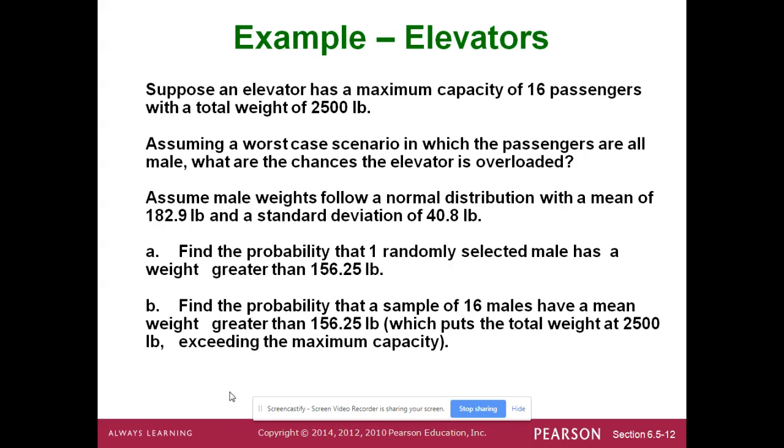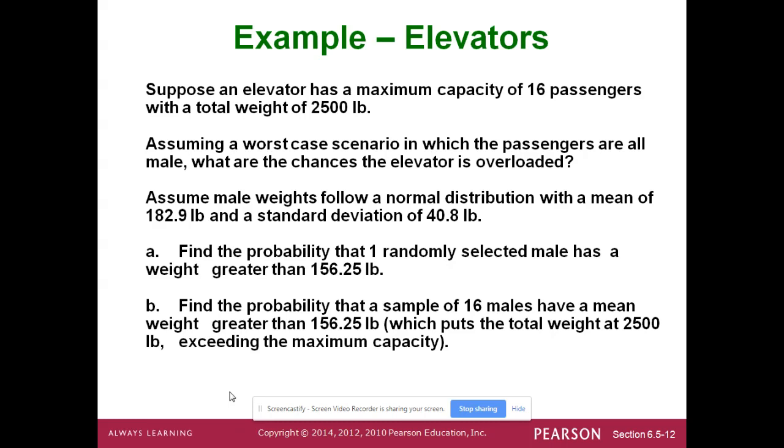Okay? That's a probability. We're dealing with a normal distribution. What do we use to find that probability? Normal CDF. And since it's greater than, we're going to the what of 156.25? To the right. Okay? So we can either convert 156.25 to a z-score, or you can change the mean and standard deviation on the calculator.